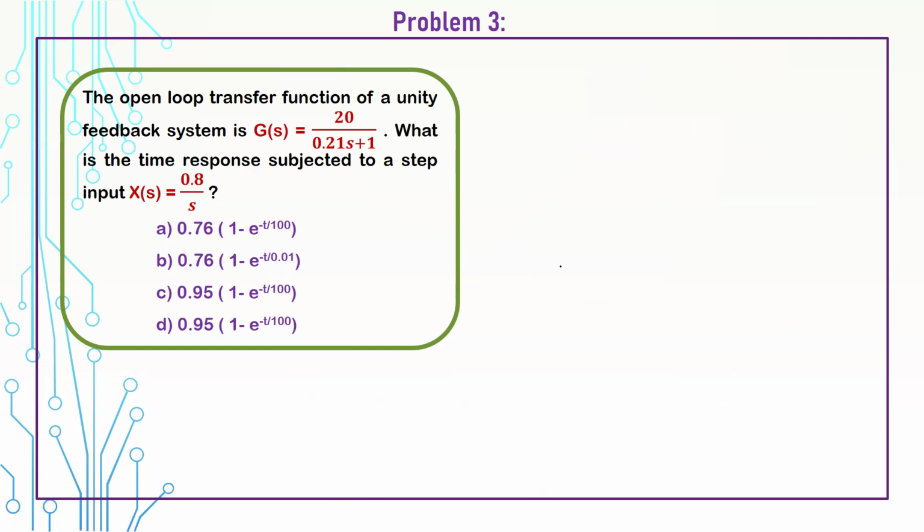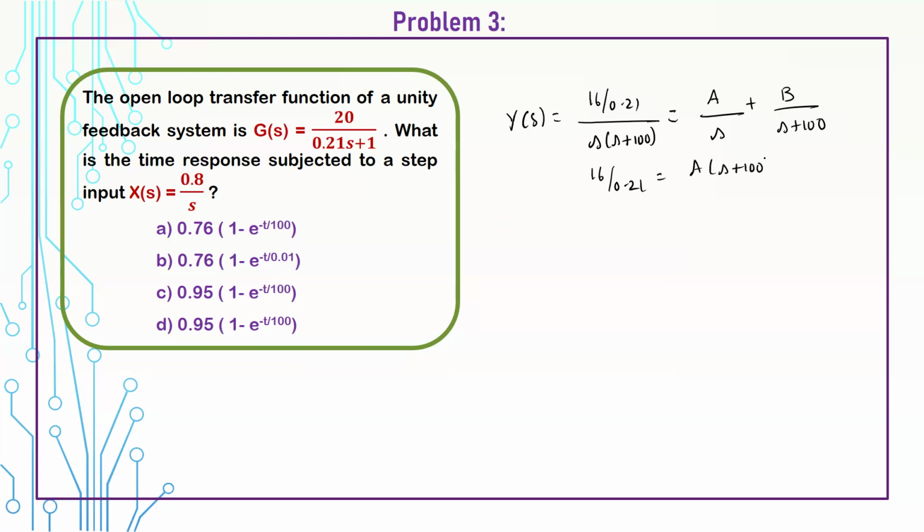So here we found Y(s) as 16 by 0.21 by s into s plus 100. By partial fraction method, A by s plus B by s plus 100. So by simplifying, 16 by 0.21 equal to A into s plus 100 plus B into s.